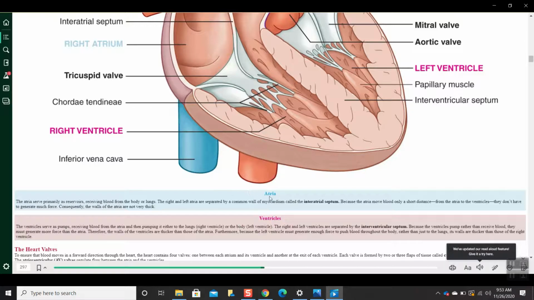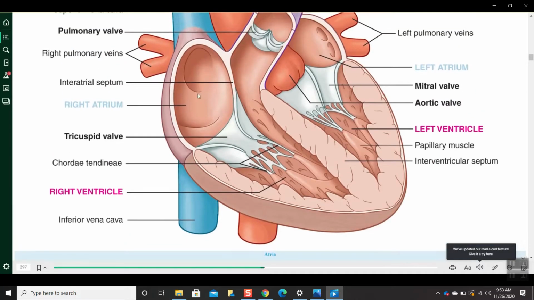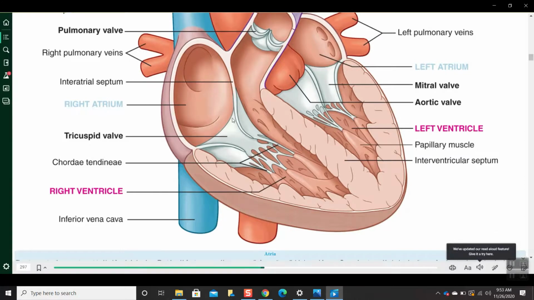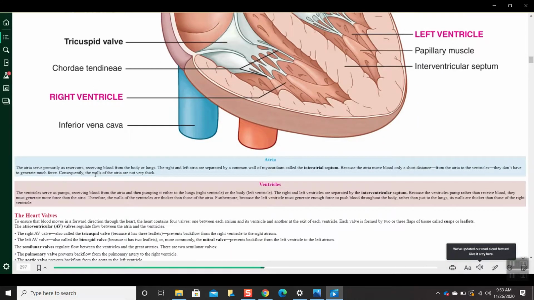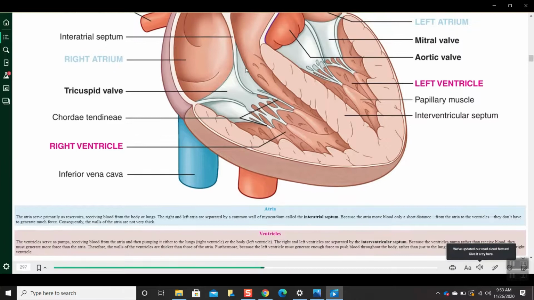The atria are the top 2 chambers of the heart, and what they do is receive blood from the body or from the lungs. So they're the reservoir. They hold the blood.